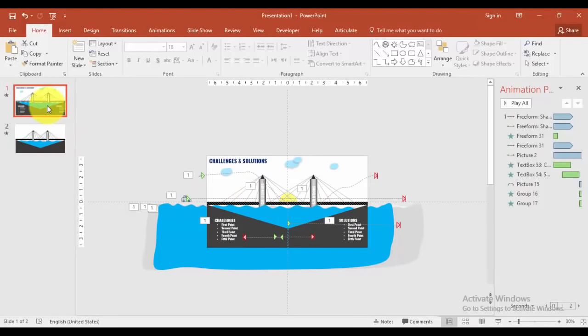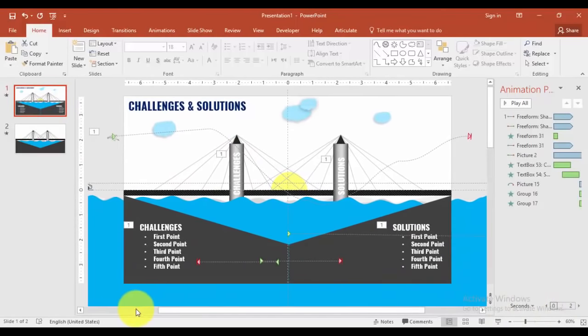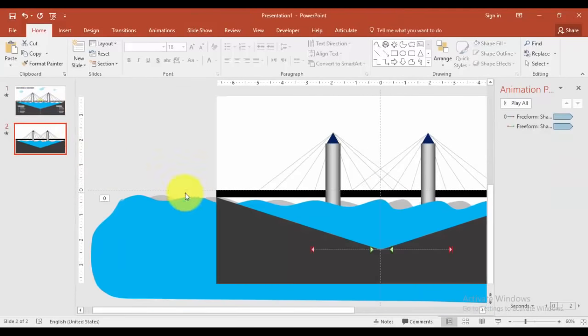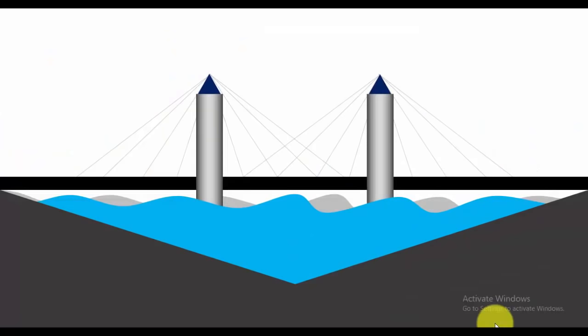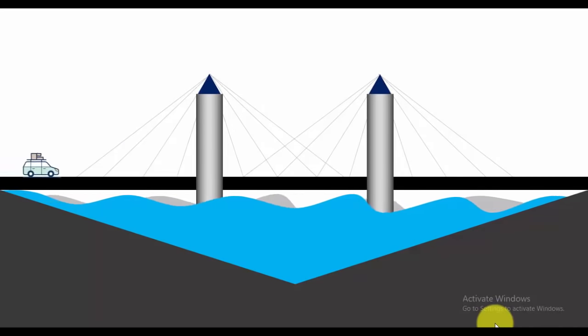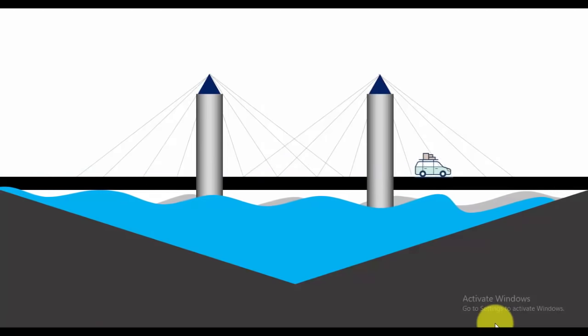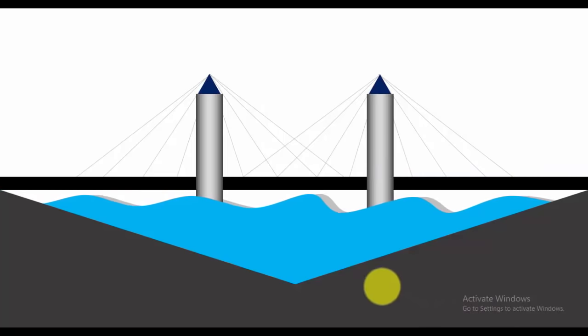Okay, if you can see here, let me zoom in, and you can see this car here. I'm just going to select it, copy with Control C, bring it here with Control V, and let it be here. Again let's play it. All right, but the car is going through the pillars.